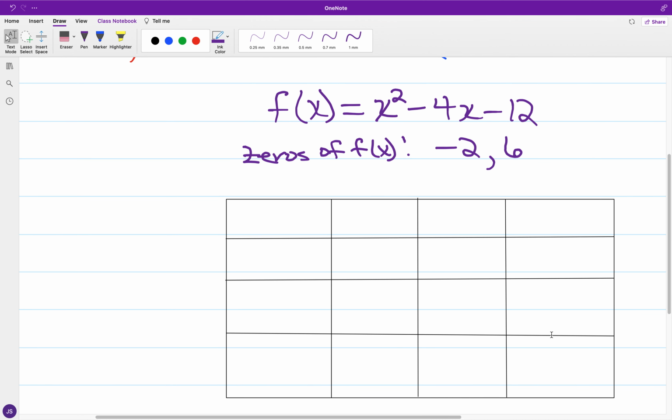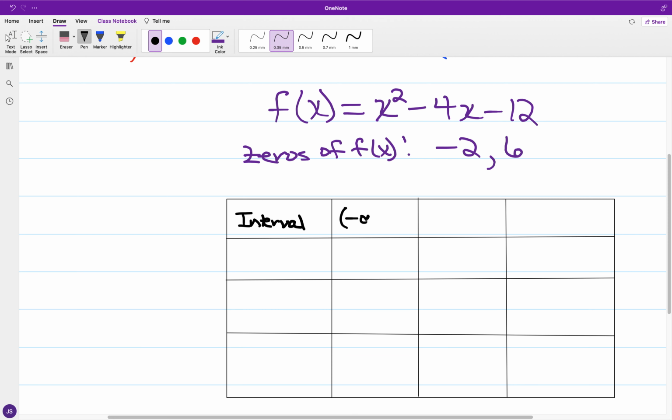I'm going to set up a table of intervals involving this function, centered about negative 2 and 6, the zeros. So we have the first interval between negative 2 and 6. Negative 2 is the smaller of the zeros.